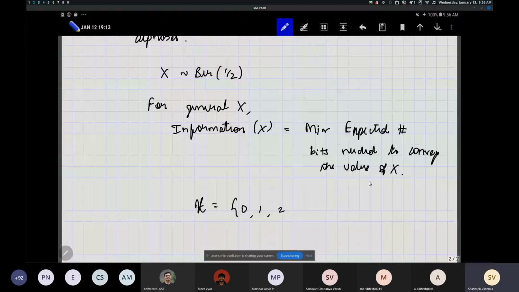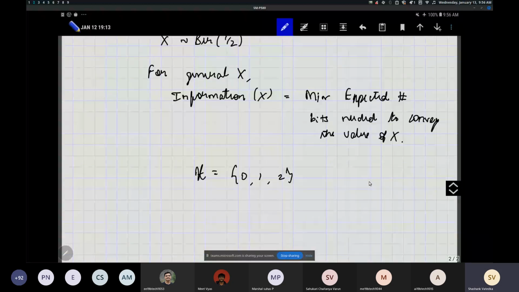And I want to count the minimum expected number of bits which are needed to convey the value of X. So a priori, if you know nothing else about the statistics of X, if you wanted to represent 0, 1, 2 using bits, how many bits would you need to represent any one of these values?